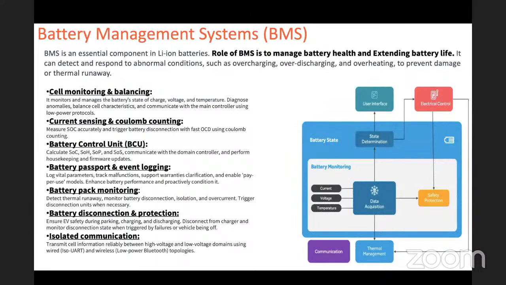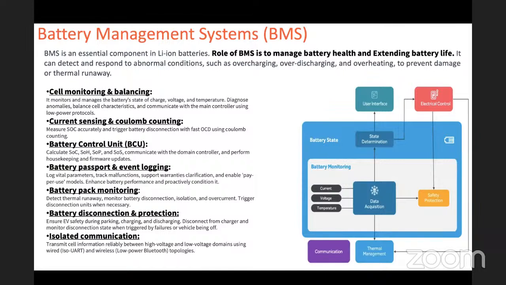The battery management system is a vital component actually. It controls the state of health of the battery. It monitors the cells. In fact, it controls the temperature and informs the user through communication protocols.